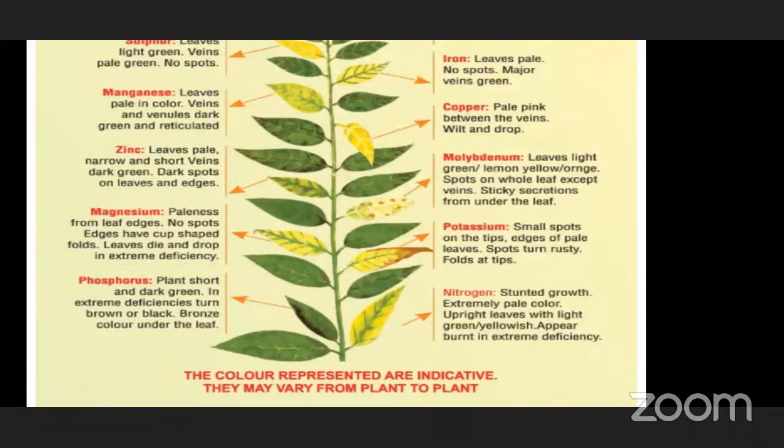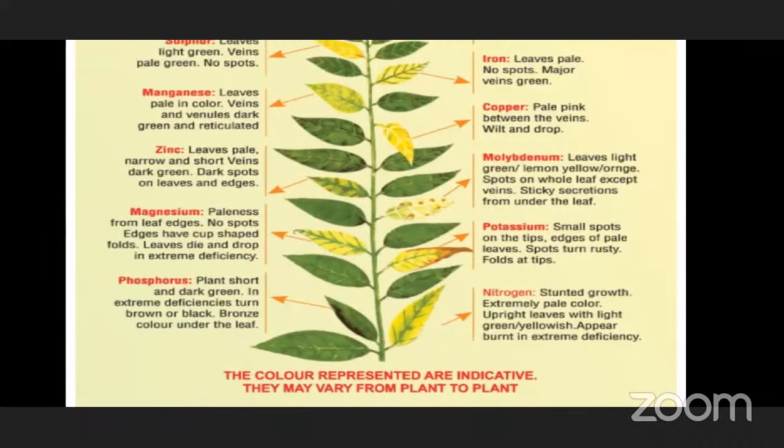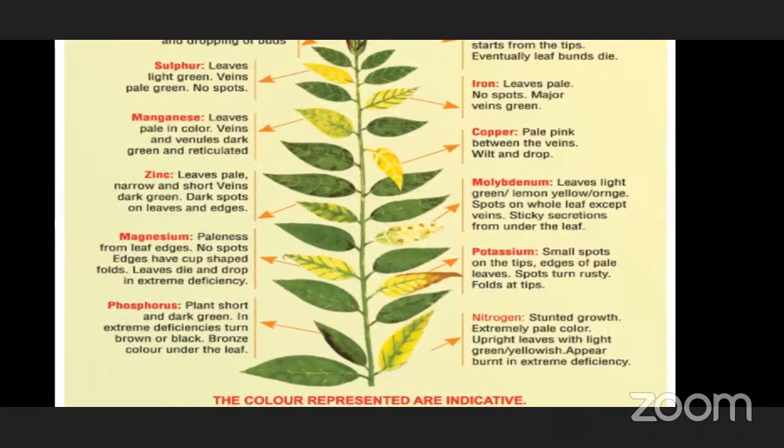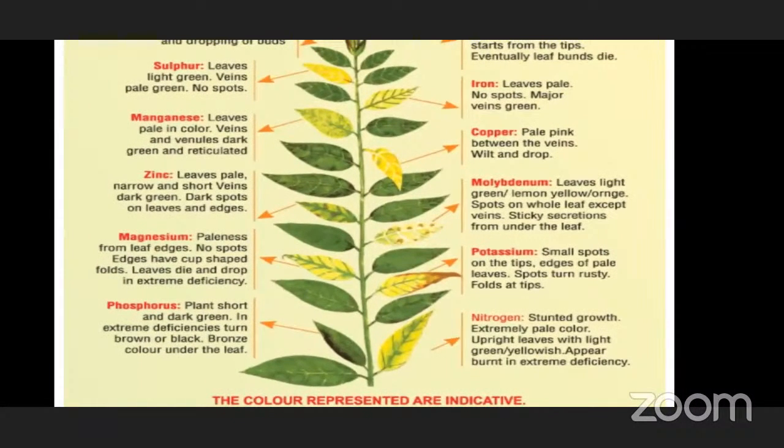It shows stunted growth, an extremely pale color, and upright leaves that are light green or yellowish, and appear burnt in extreme deficiency. If there is a slight deficiency, you can apply nitrogen and correct it. But if you are not giving nitrogen even after extreme deficiency shows, then it causes burn symptoms.